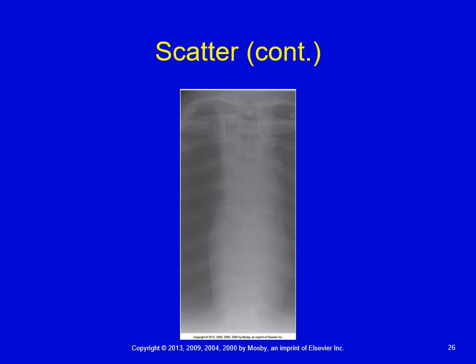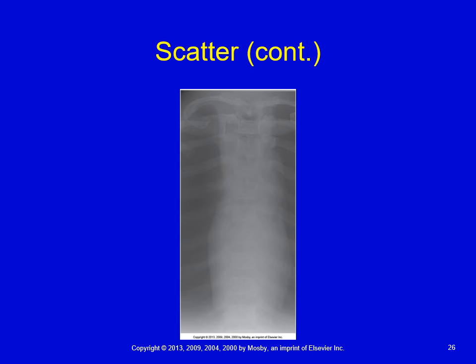So that means the more scatter that is on the image, we will actually have less contrast. So the image, like the one that we see here, starts to look flat or washed out, could be a term that you could use. And it does make it a lot harder to distinguish one structure from the other.